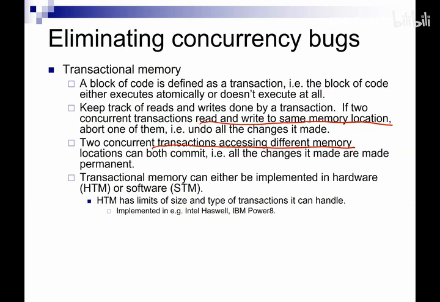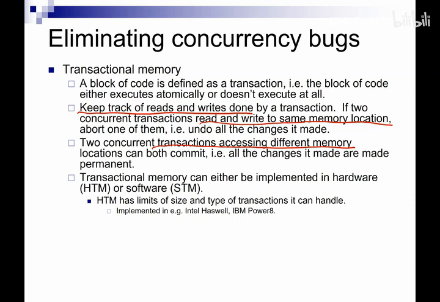For example, remember that the transactional memory needs to keep track of which reads and writes are being done. So if you're doing this in hardware, you have to have some hardware that's actually keeping track of this stuff, and there's a limit to how much hardware you can devote to keeping track of these reads and writes. Therefore, hardware transactional memory has a limit on the size of the transaction that it can handle.